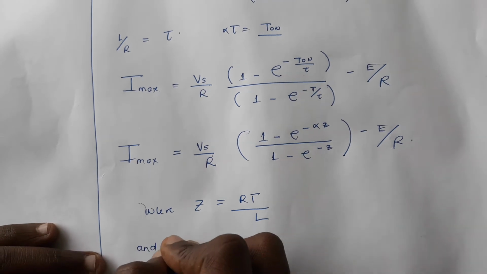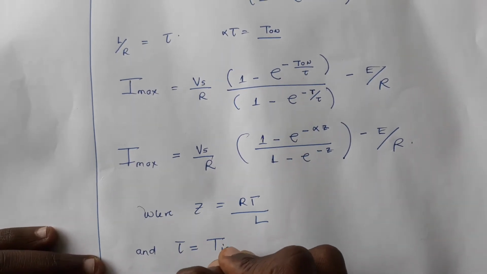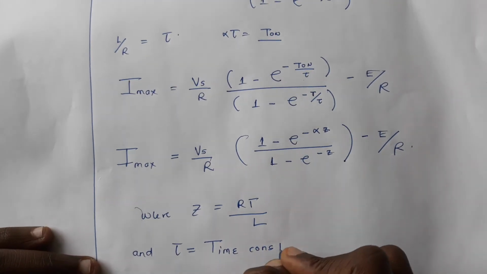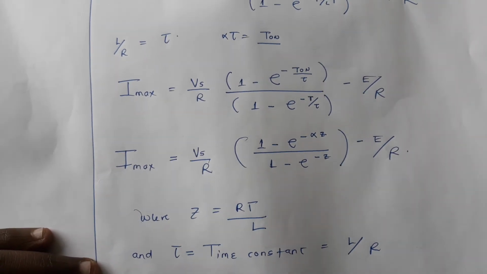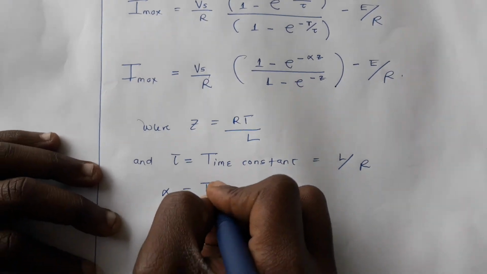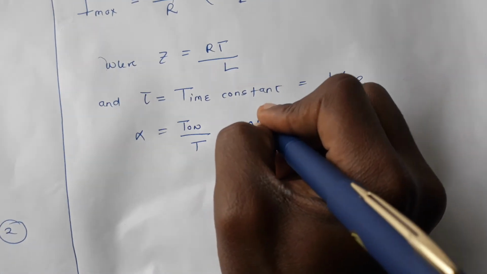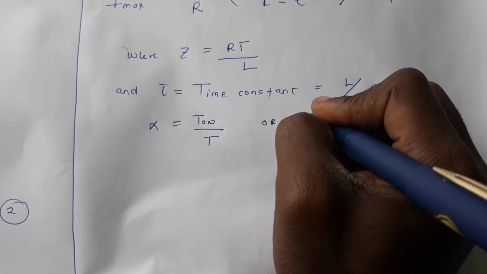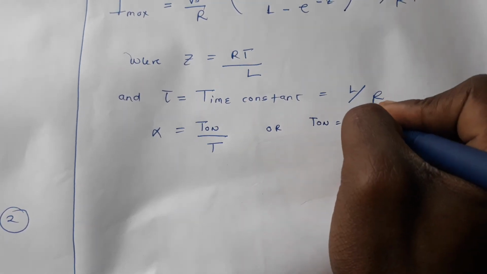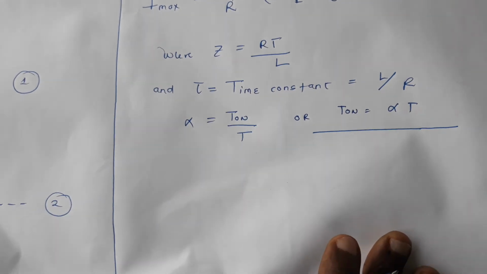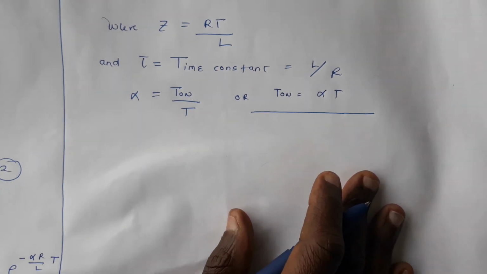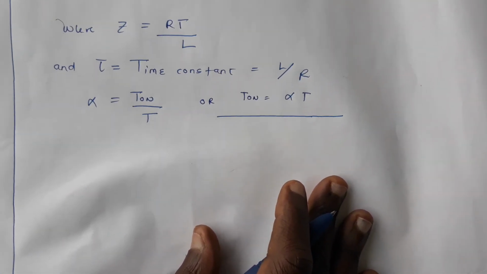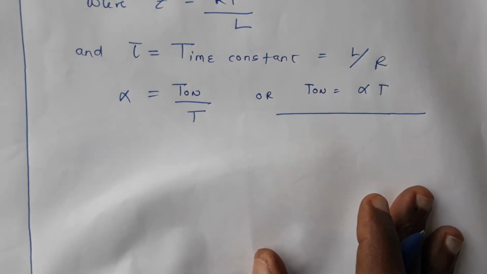And as we said, tau, this is nothing but the time constant, is given by L over R. Then we said alpha is equal to T on over T, or simply T on is equal to alpha T. So this way we've derived the expression for Imax. So in a slightly different manner, we are going to derive the expression for Imin.